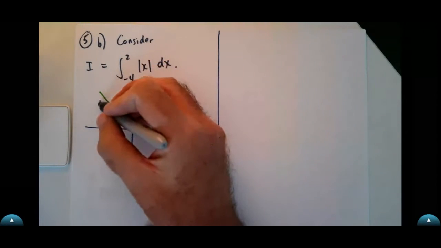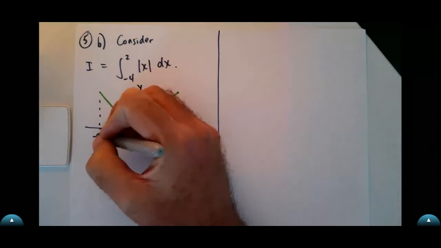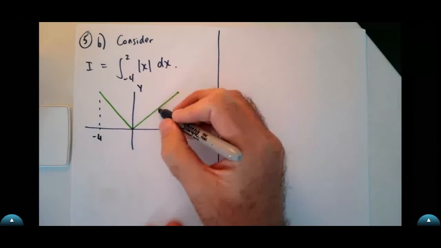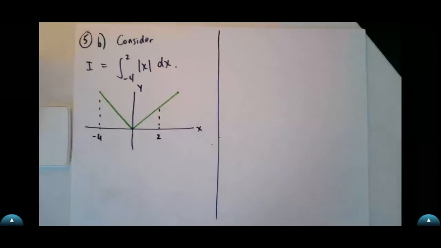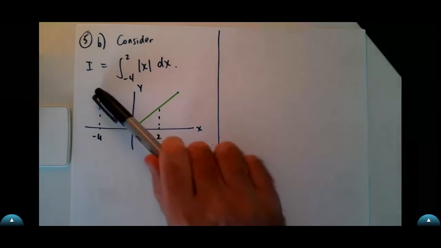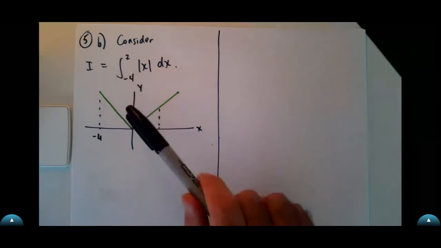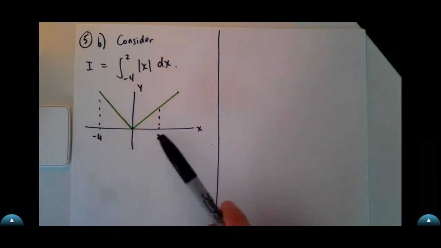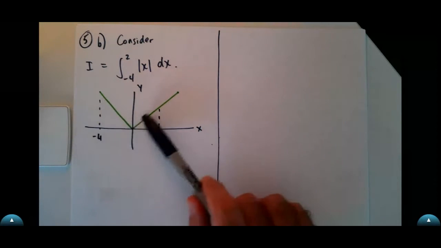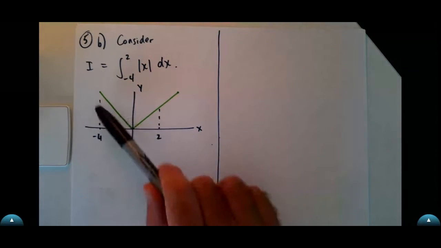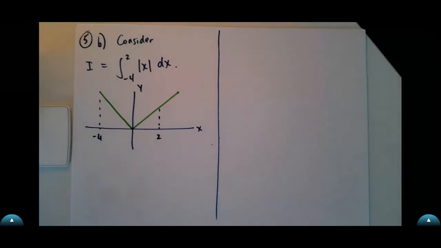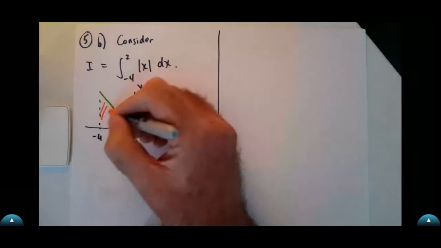Well, we know that if the graph lies above the x-axis, then the integral between, say, -4 and 2 gives us the area between the x-axis and the curve or the graph.